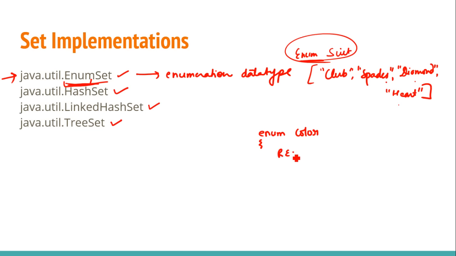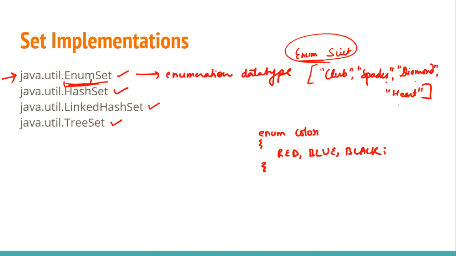Let's say we add three colors that we like: red, blue, black. This is our enum. Now when you have to create an enum set, you are going to use this particular enum to create the enum set, which again is fairly simple.